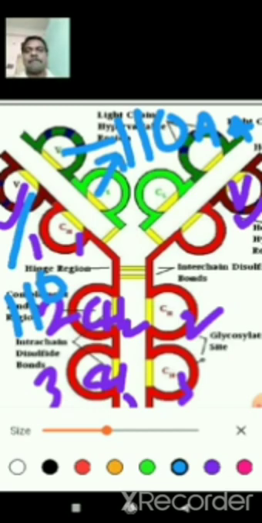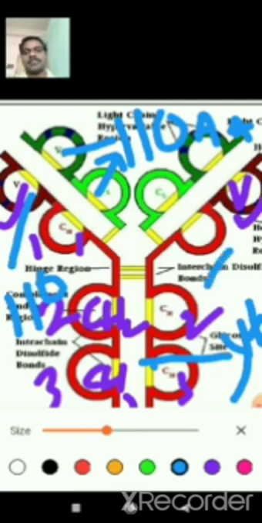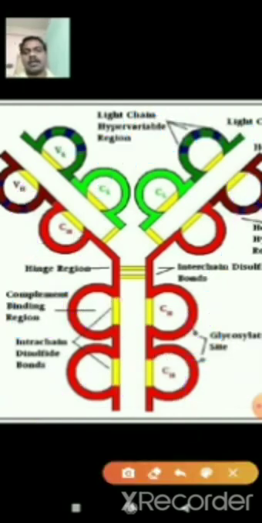Means in the light chain the variable and constant domains contain 110 amino acids, but in the heavy chains the variable region contains 110 amino acids, while the three constant domains, CH1, CH2 and CH3, contain 330 to 440 amino acids, double or triple the variable region.